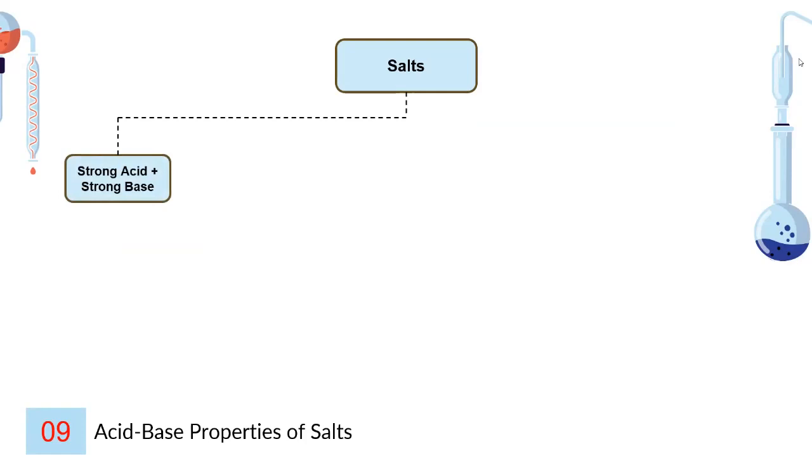When a strong acid reacts with a strong base, the resulting salt will be neutral. For example, the reaction between hydrochloric acid and sodium hydroxide will result in sodium chloride, which is a neutral salt.